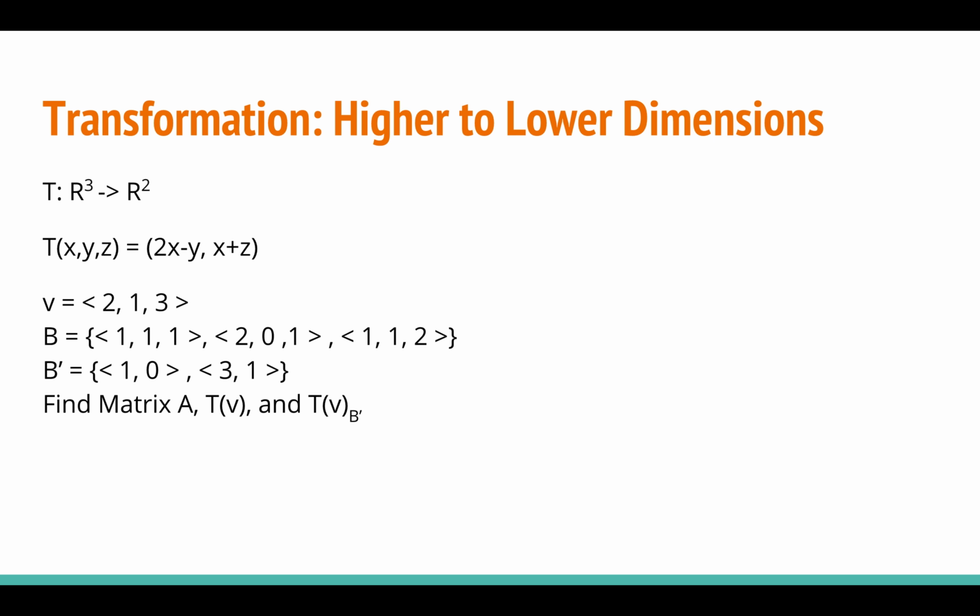The basis B is a basis that spans a vector space that we are going to be transforming from, whereas B prime is the standard basis that represents a vector space that we're transforming to. And the question asks us to specifically solve for the transformation matrix A, the transformation of V, T of V, and the transformation of V in the basis of B prime.